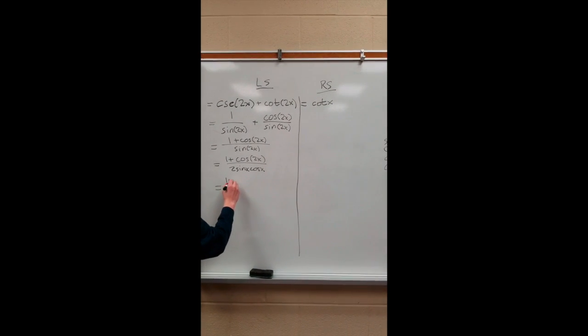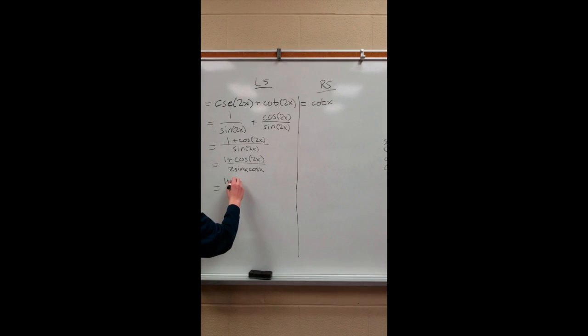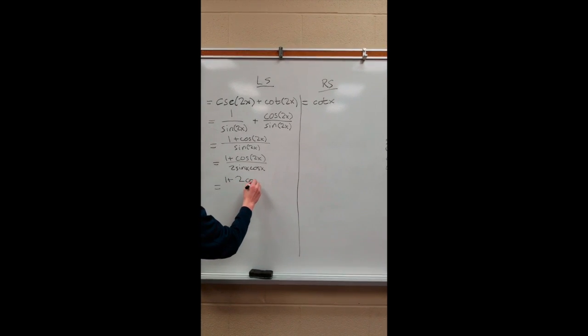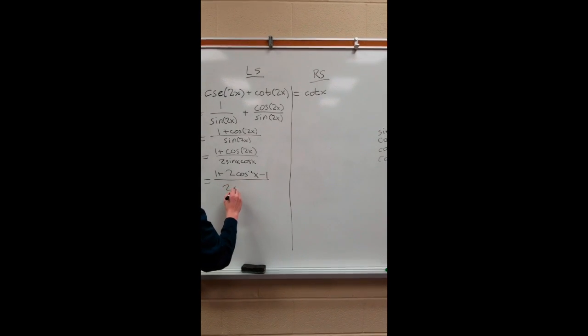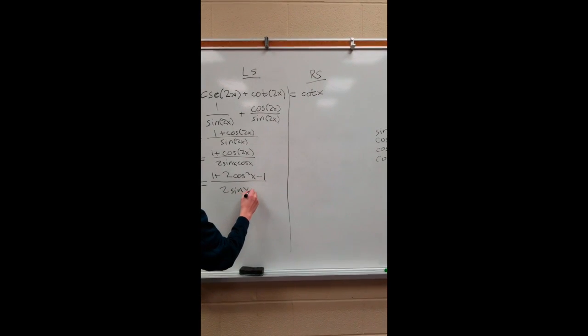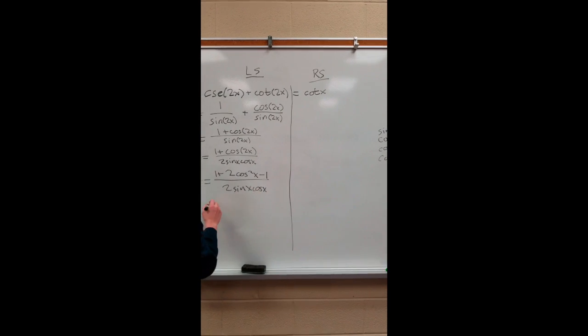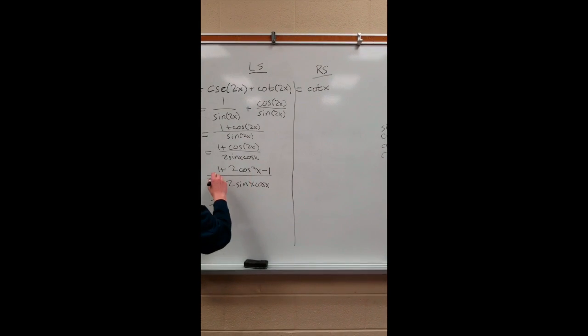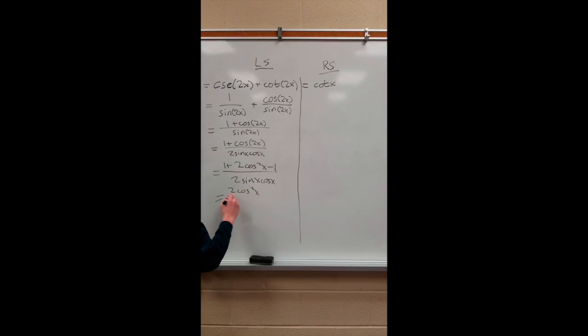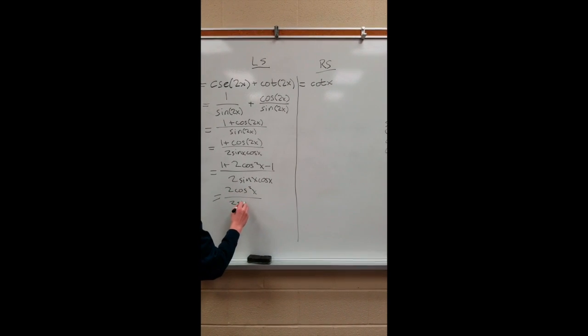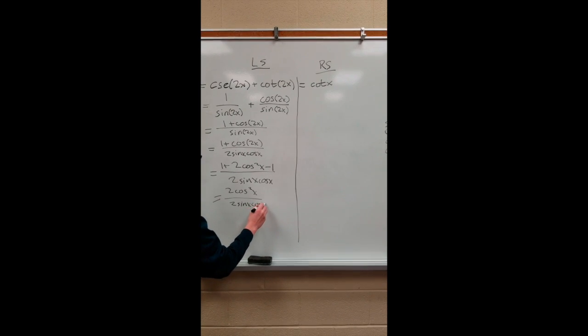So we have 1 plus 2 cos squared x minus 1, all over 2 sine x cos x. Then the 1 minus 1 cancel, so we just have 2 cos squared x over 2 sine x cos x.